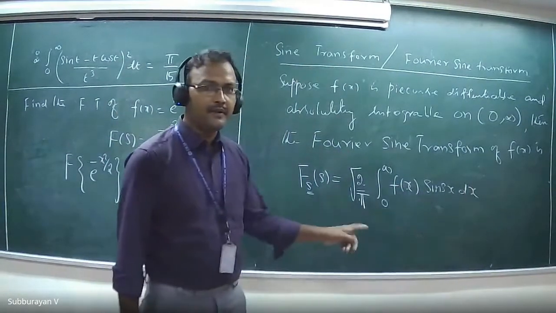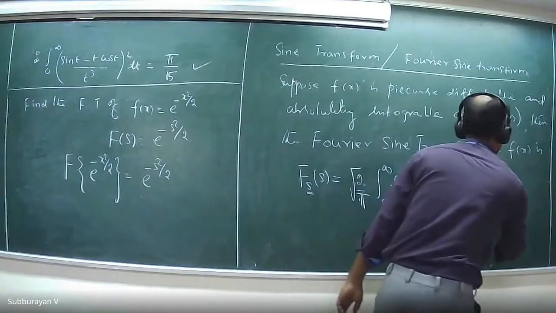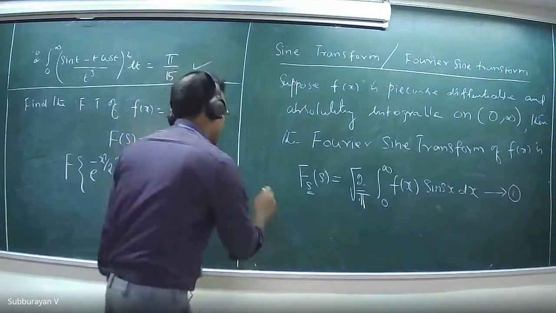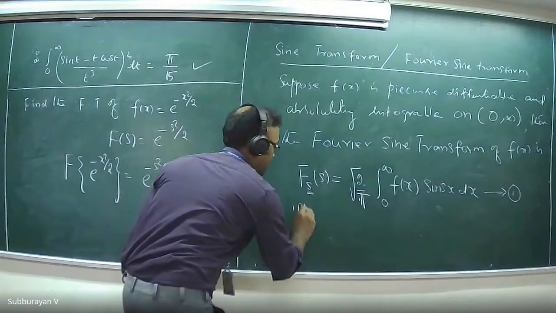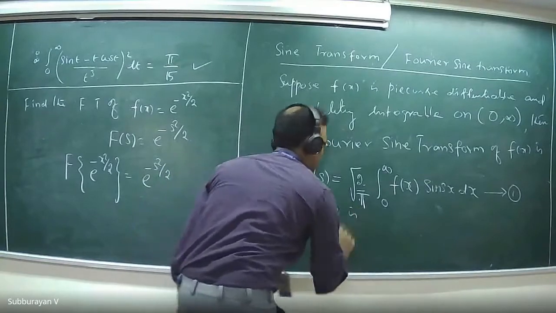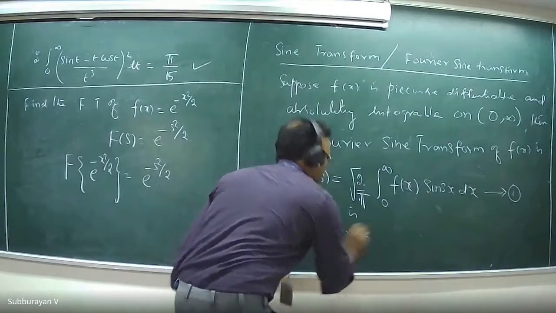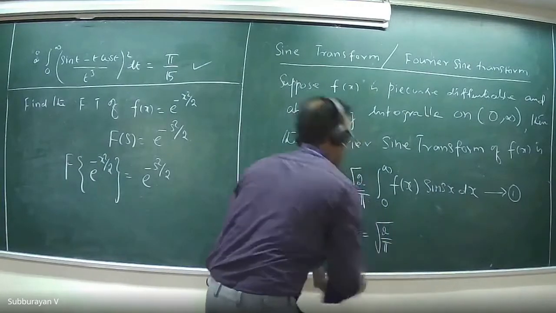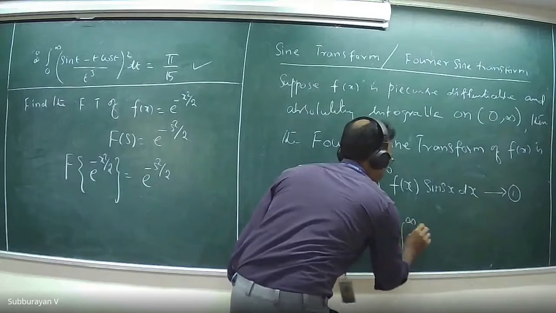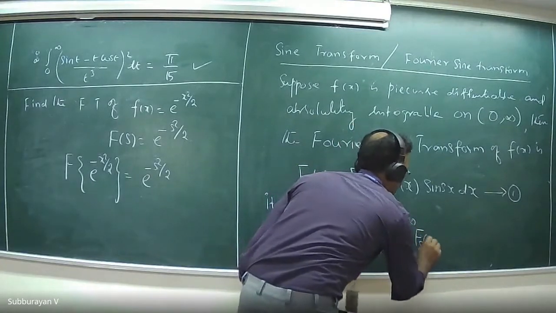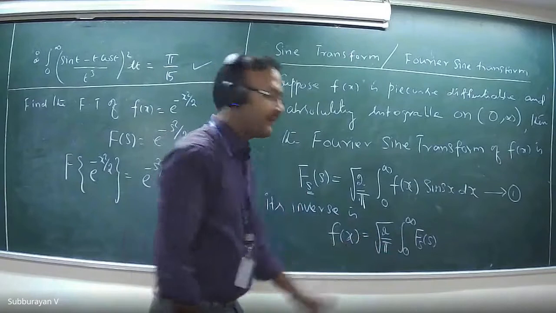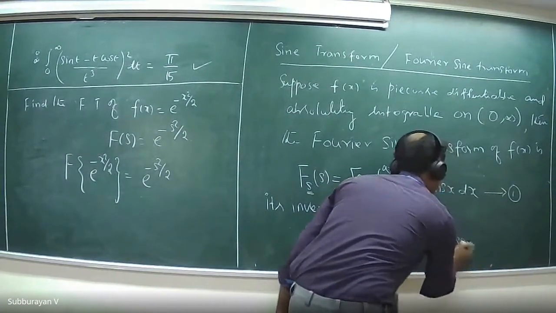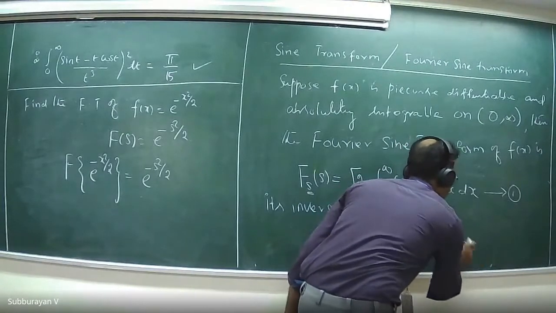Okay, so this is a Fourier sine transform. I call this equation number 1, and its inverse is small f of x, which is equal to under root 2 by pi integral 0 to infinity Fs of s into sine sx into ds.